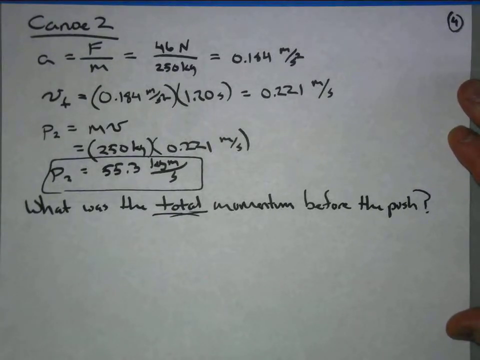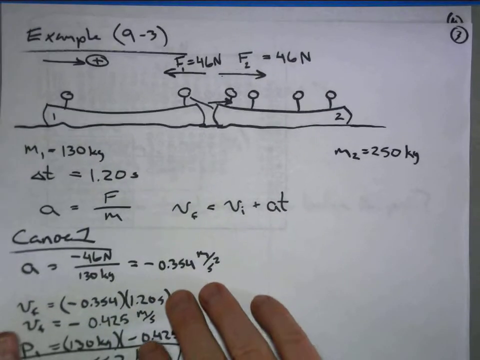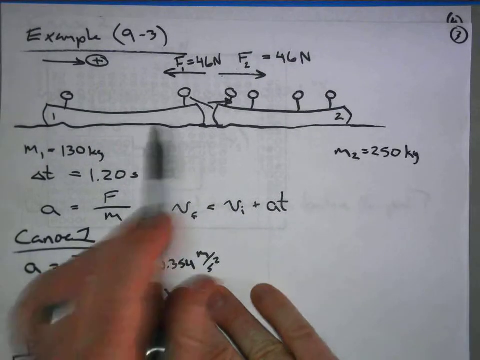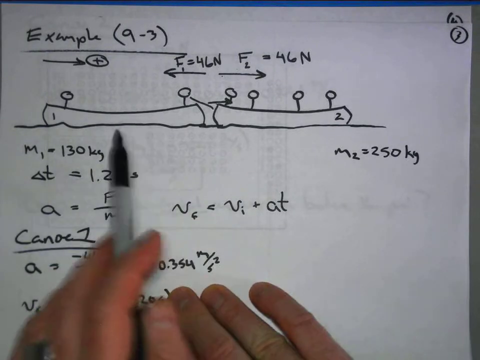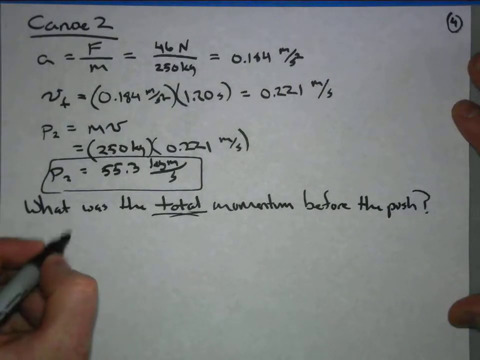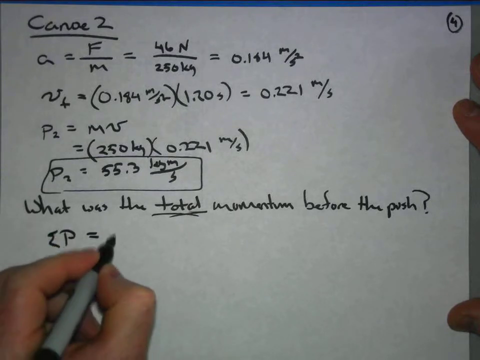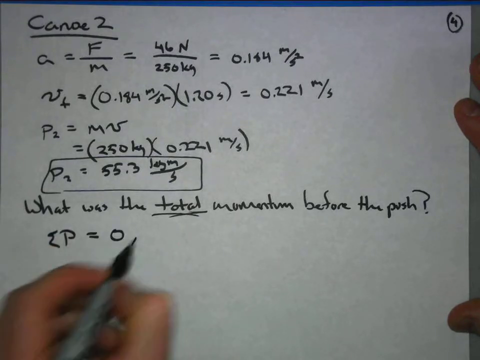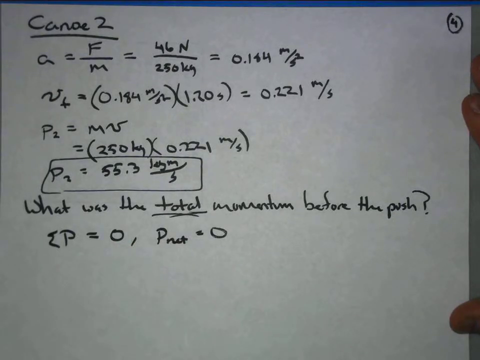And so if we look at that situation, well, before the push, they're sitting there. They are motionless. Neither one has any velocity, so neither one has any momentum. So the total momentum would be 0, right? Another way to look at that is the sum of the momentum is 0. I could also write that as net momentum is 0.